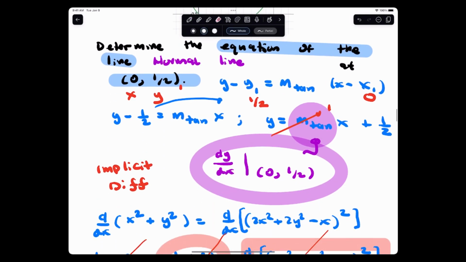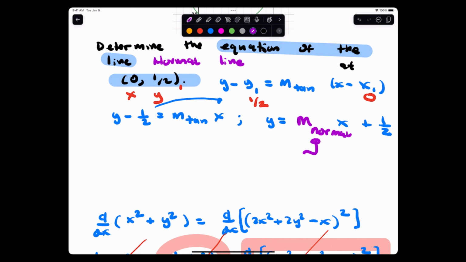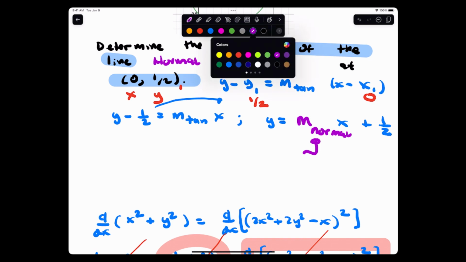So now I have to have a different slope here. They don't want tangent line. What do they want here? The slope here for the normal line. So does anybody remember? You still have to get the derivative at that point. But what's the difference now? Opposite reciprocal. Yeah, so let's kind of write this down here. Let's remember here.